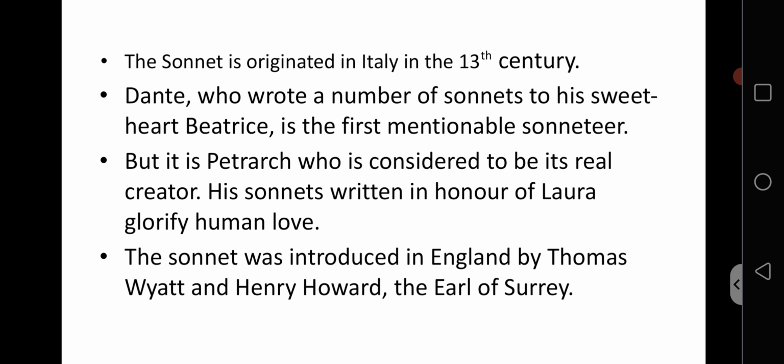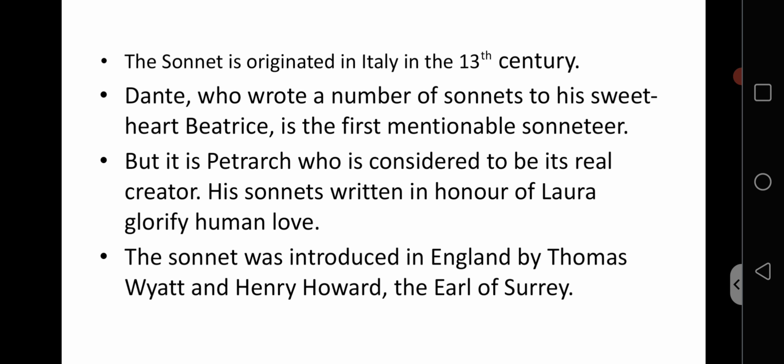So the first person who wrote sonnets in honor of Laura was Petrarch. Laura was his beloved, and he wrote sonnets in her honor. And in these sonnets, the writer glorifies human love. So all these sonnets are love sonnets.